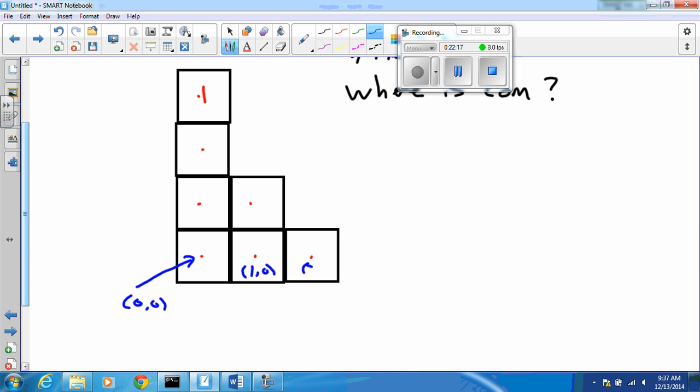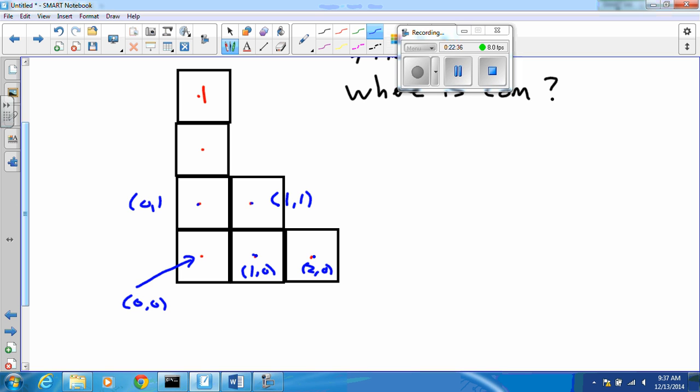To me, it seems simplest to make the origin be right here at the center of the bottom left object. And that way, I can have each of the locations be integers. And when I do the locations, I'm going to give them in terms of x and y.